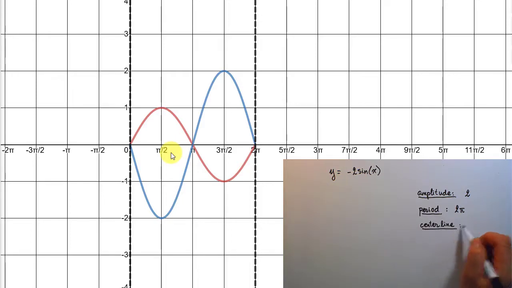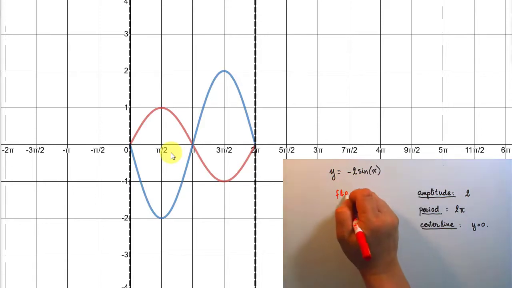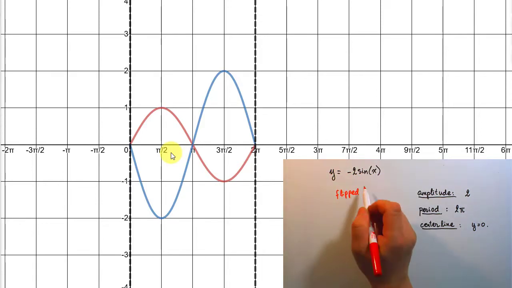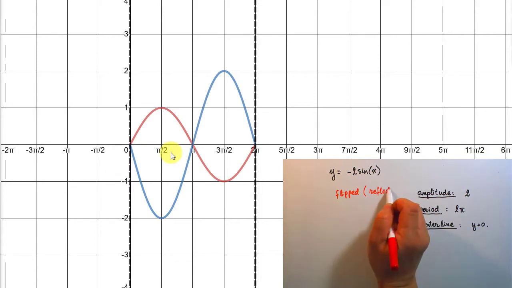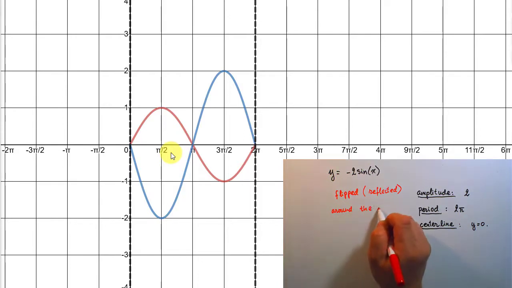And the center line here is at y equals 0, the x-axis. But make a note for ourselves: the graph this time, compared to the earlier two cases, is flipped or reflected around the x-axis, the line y equals 0.